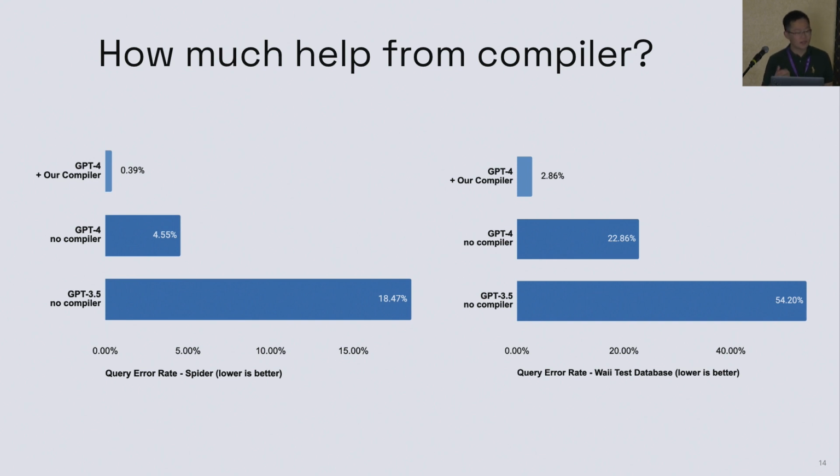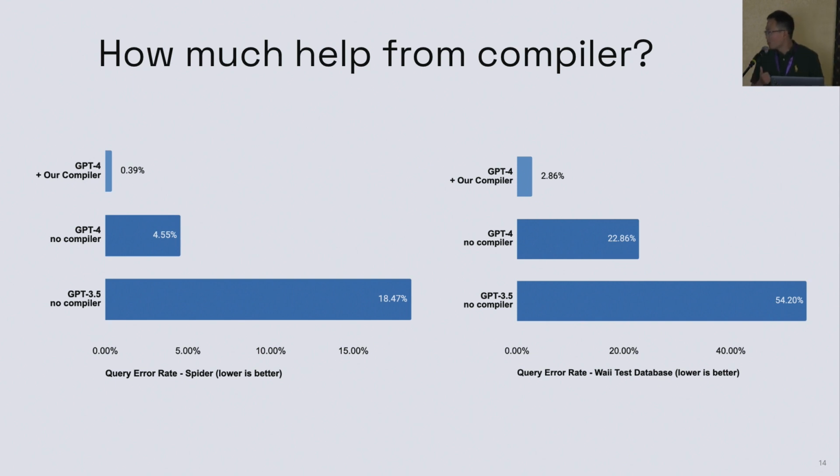GPT-4 out of the box gets only 4.5% compilation errors. With the compiler approach I just mentioned, we're able to reduce this to 0.39%, which is 4 queries out of the 1,000 in the Spider dev set. So after these fixes, users won't feel compilation errors too much.